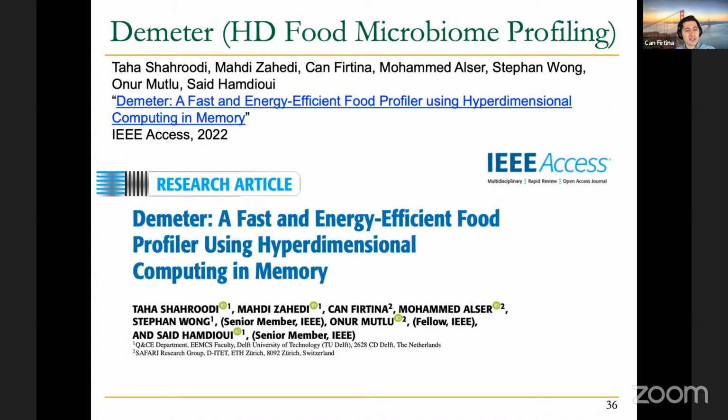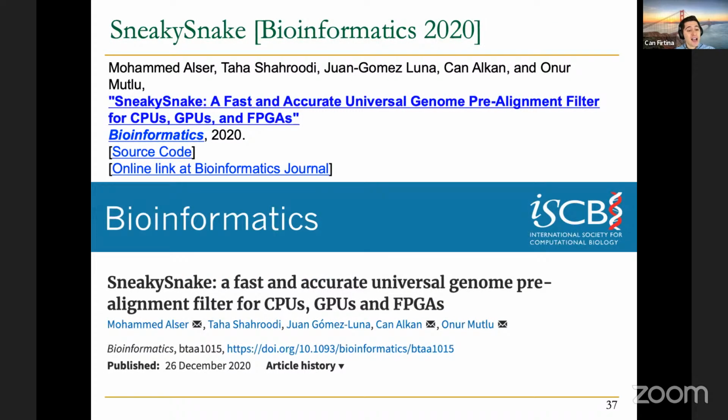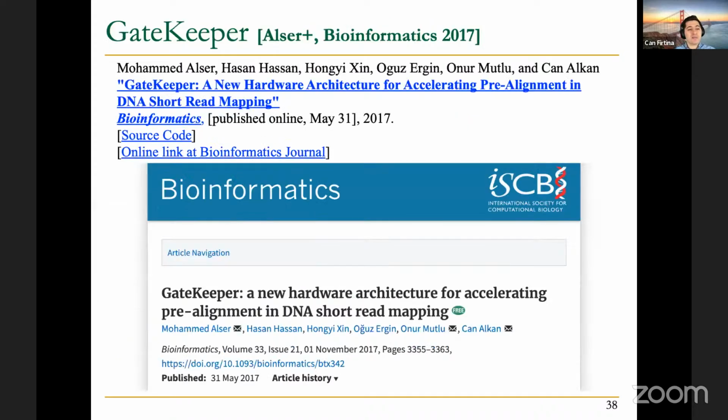We also have other works that, for example, use hyperdimensional computing for microbiome profiling. We have Sneaky Snake that can use either CPUs, GPUs, or FPGAs to perform quick filtration of the DNA sequences that are not really useful in the genome analysis pipeline.